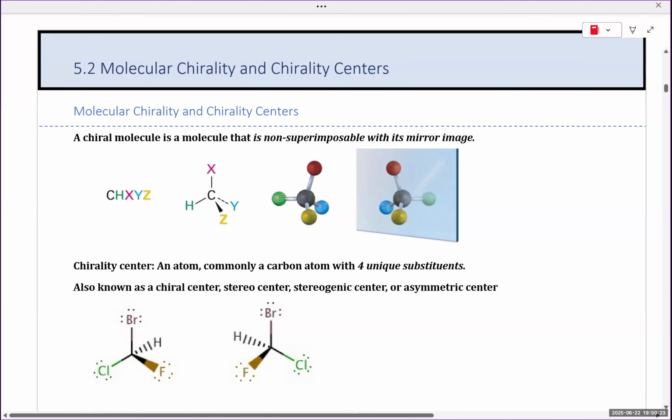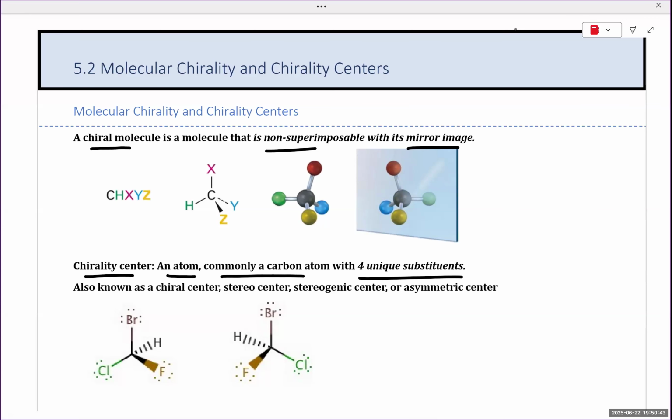Let's now discuss molecular chirality and chirality centers. So a chiral molecule is a molecule that is non-superimposable with its mirror image. A chirality center is an atom, commonly a carbon atom, with 4 unique substituents. Chirality centers are also known as chiral centers, stereocenters, stereogenic centers, or asymmetric centers.